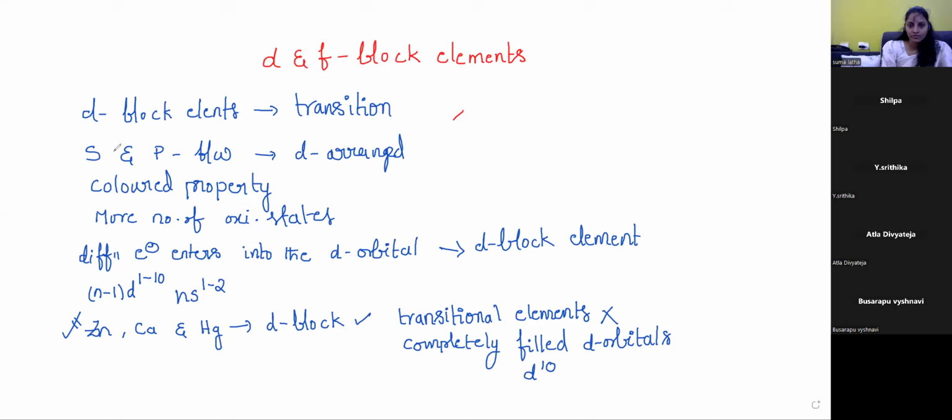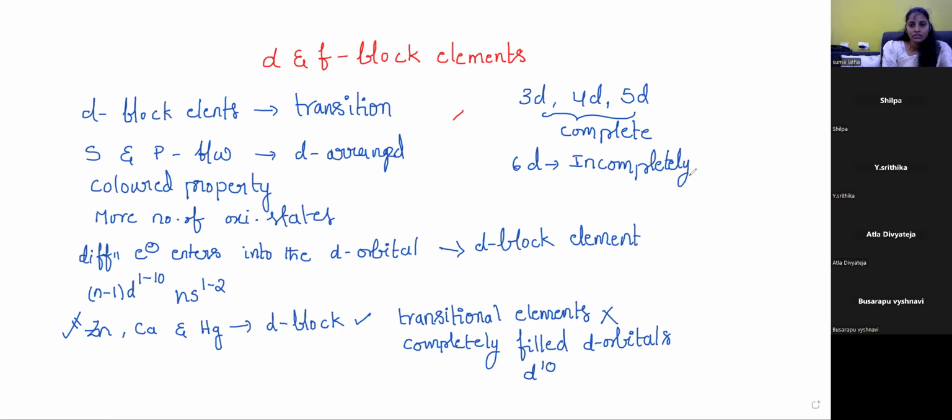If you check, d block elements are divided into series: 3d series, 4d series, 5d series. These three series are completely filled series. But the 6d series is an incompletely filled series.